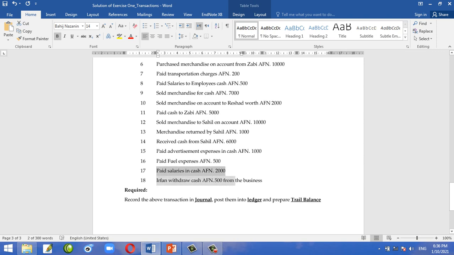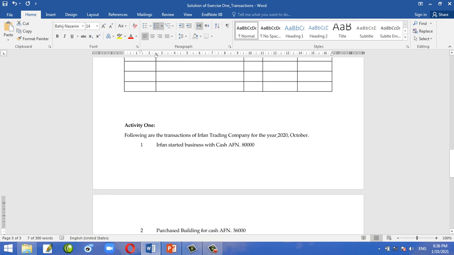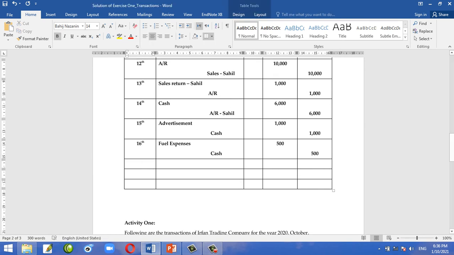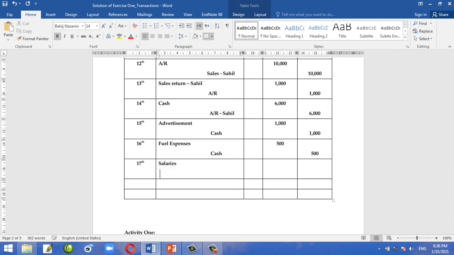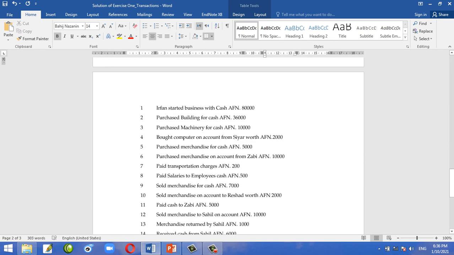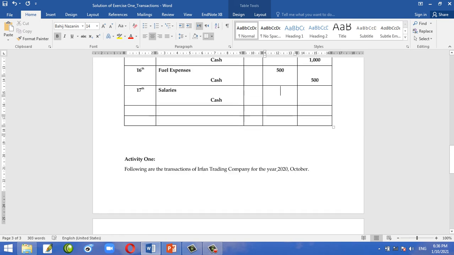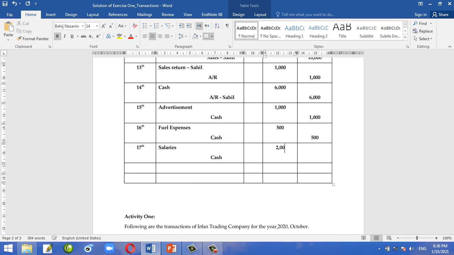So now I've come to the 17th one. Paid salaries in cash Afghanis 2000. On 17th of October we have salaries expenses. You can record salaries expenses, or we have given the salaries to the employees worth of 2000 Afghanis. 2000 Afghanis are given to employees against their services.